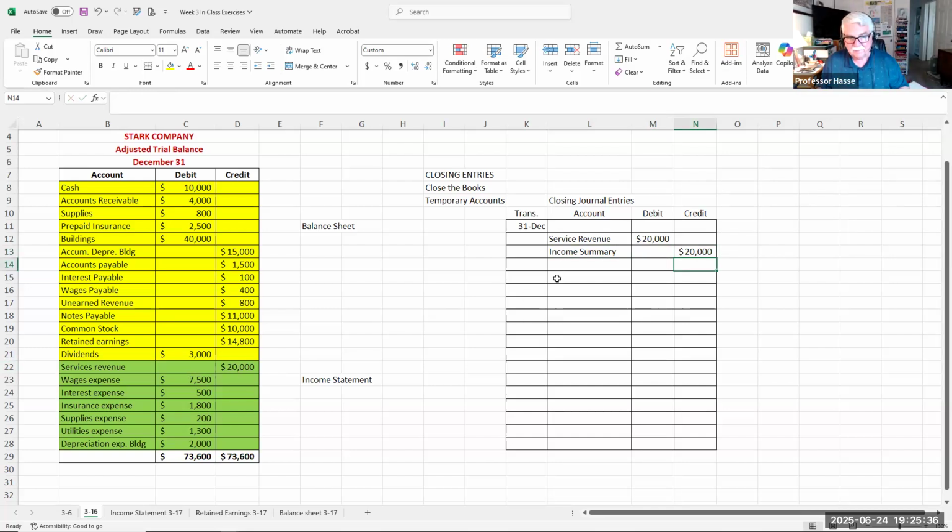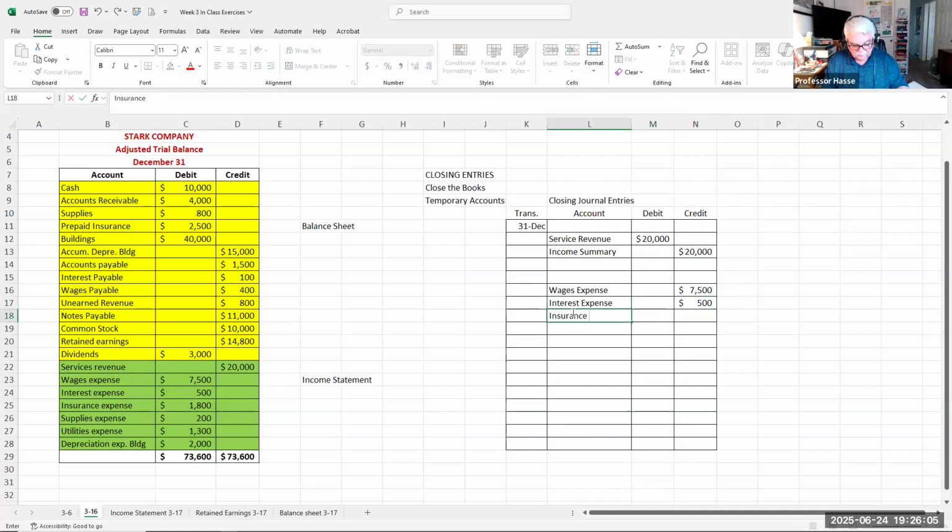At the same time, I'm going to close my expense accounts. Wage expense has a debit balance. To close that, I must credit it $7,500. Interest expense has a debit balance of $500. I credit it by crediting interest expense, $500.